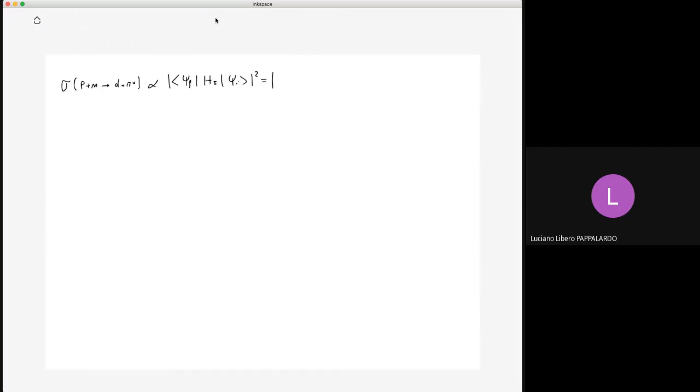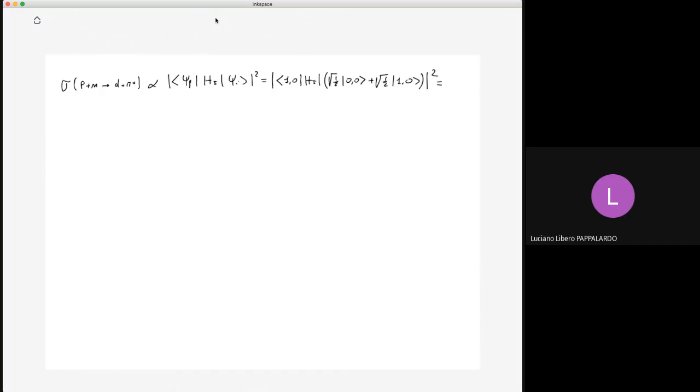So for the psi_f, we have only one possibility, that is |1,0>. Then we have our Hamiltonian. And for the initial state, we have two possibilities. So this is square root of 1/2 |0,0> plus square root of 1/2 |1,0>, all this squared.